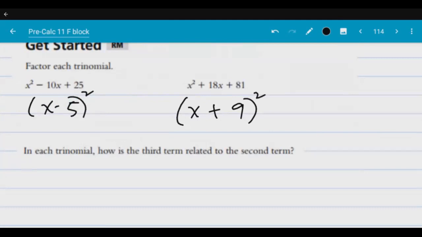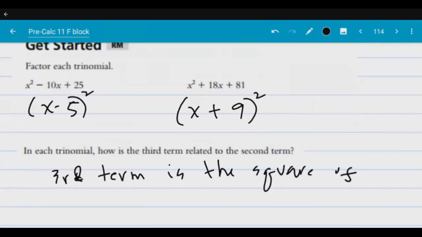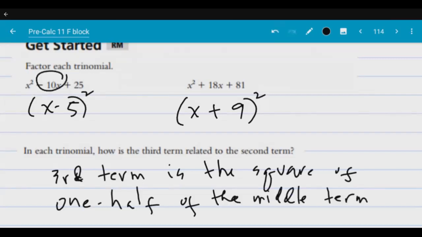The third term is the square of 1/2 of the middle term. Here, the middle term is 18. What is half of that? 9. What is 9 squared? 81. There you go. Got it?